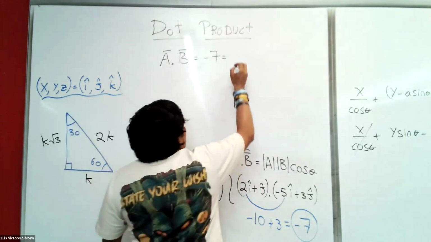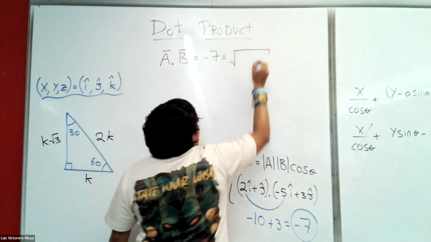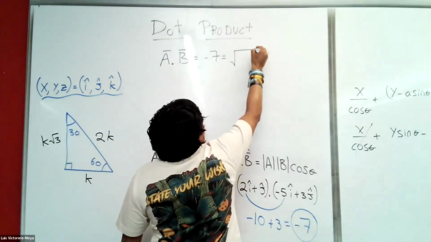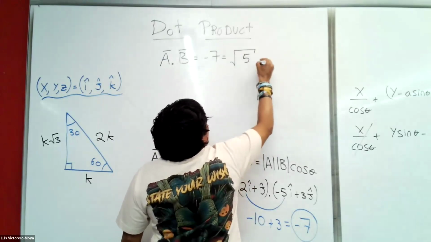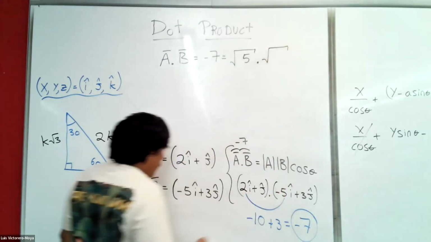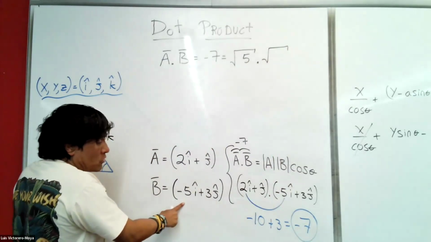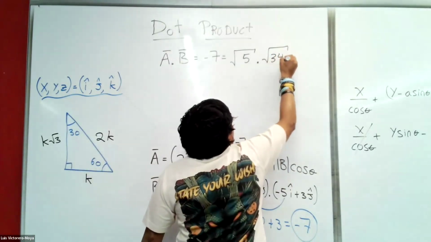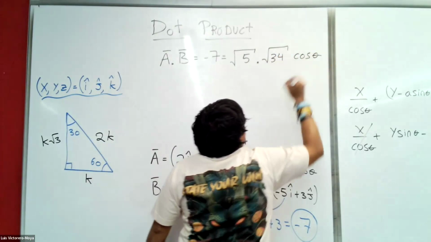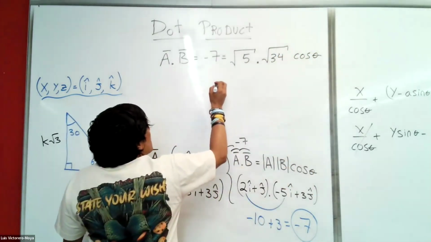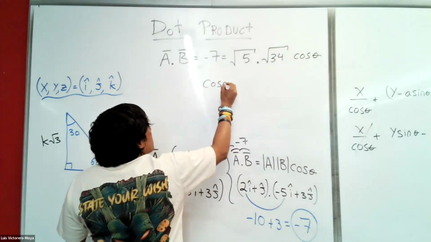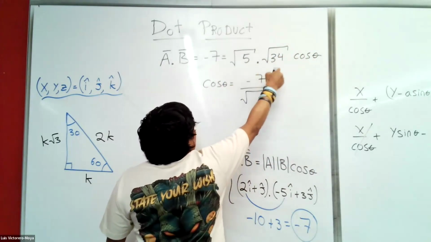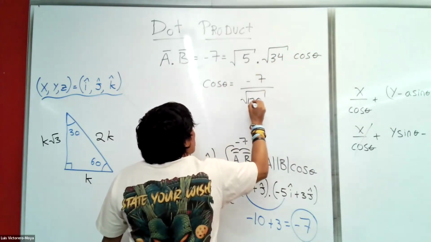The magnitude of A is the square root of 2 squared plus 1 squared, so the square root of 5, multiplied by the square root of negative 5 squared, which is 25, plus 3 squared, which is 9, so 25 plus 9 is 34, times the cosine of the angle. So the cosine of the angle is negative 7 divided by the square root of 5 times 34, which is 170.